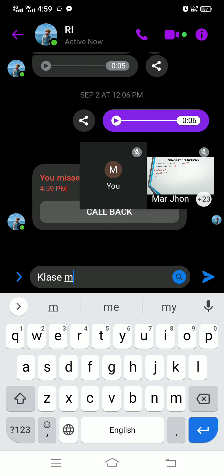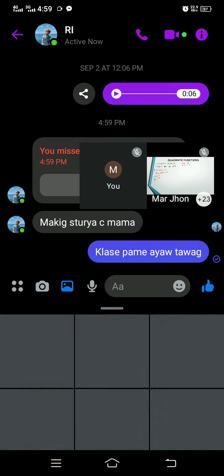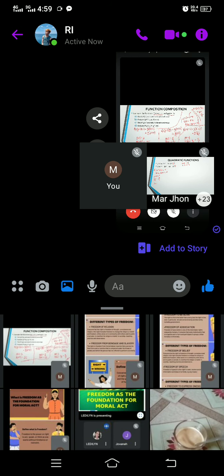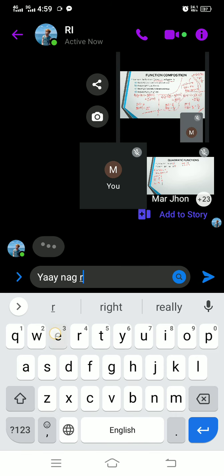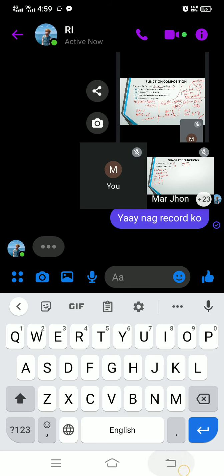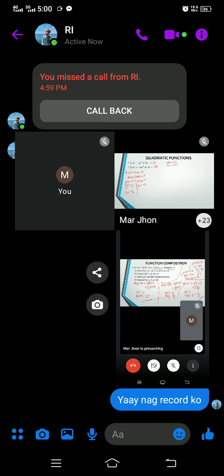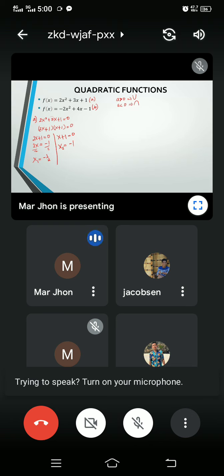We have 2x plus 1 is equal to 0, so 2x is equal to negative 1, divided by 2 on both sides. So the first root, x sub 1, is equal to negative 1 half. And the other factor, x plus 1 is equal to 0, so x is equal to negative 1. That is the second root, negative 1.